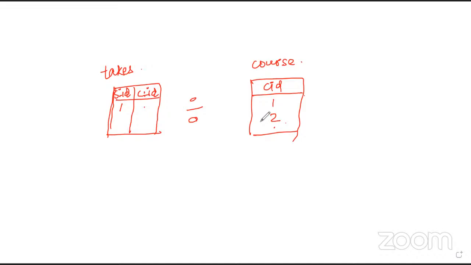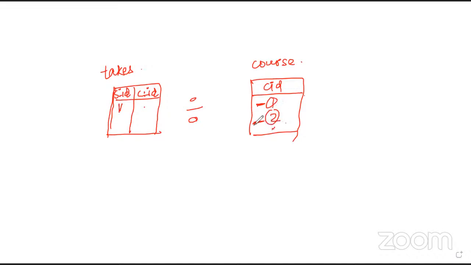No, the division operator we apply when the question is like this, with "all". Whichever course IDs are in the course table, the division operator compares them with whichever student ID has all these values.